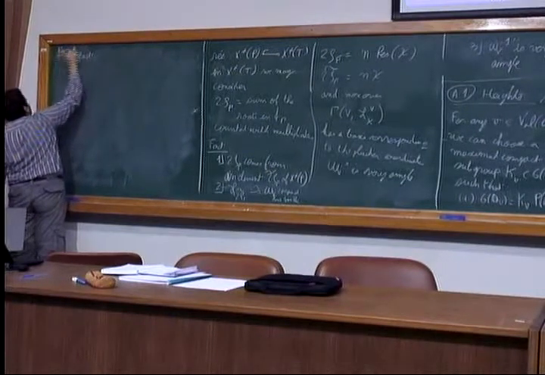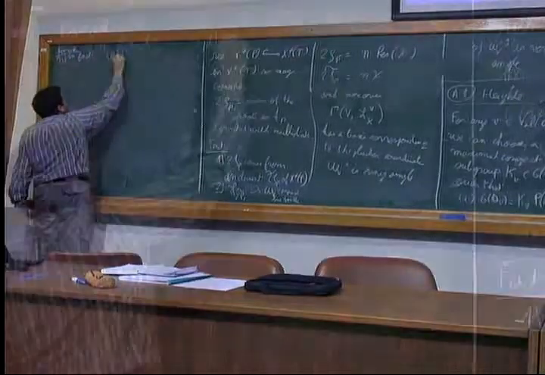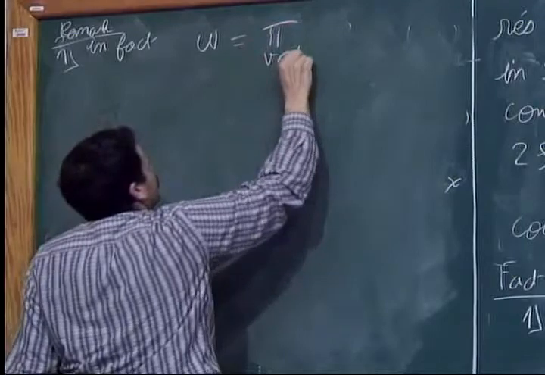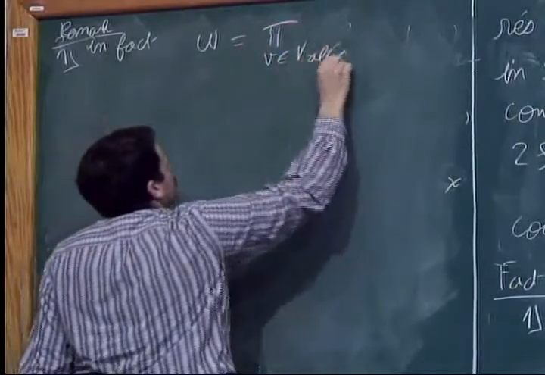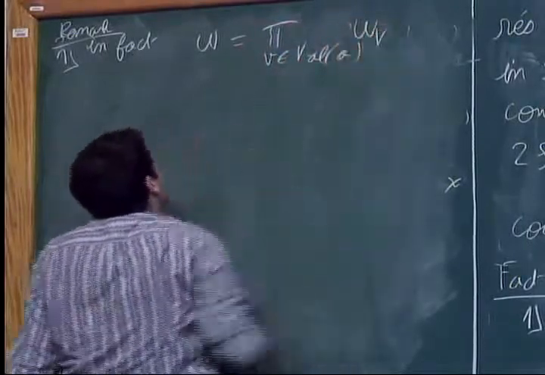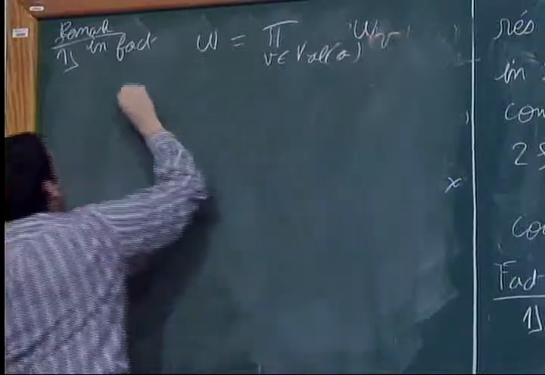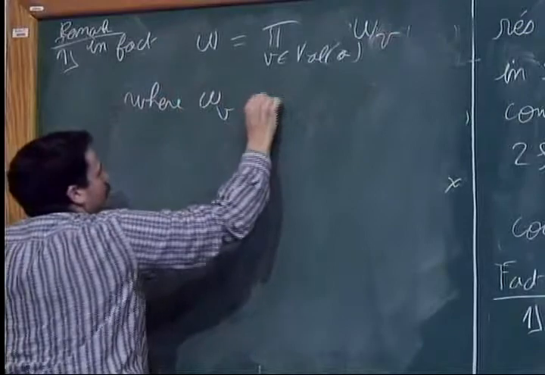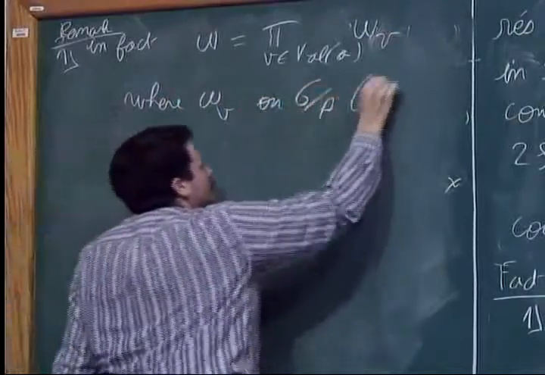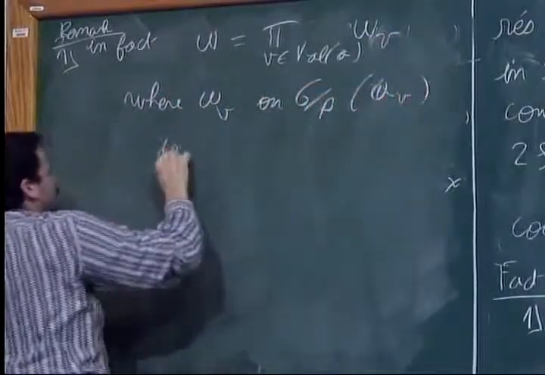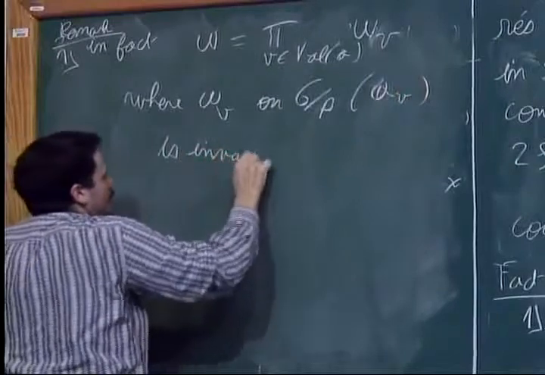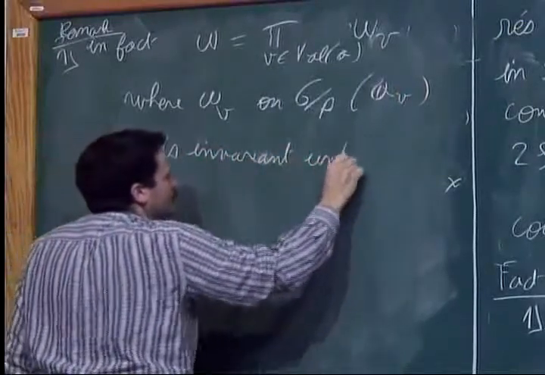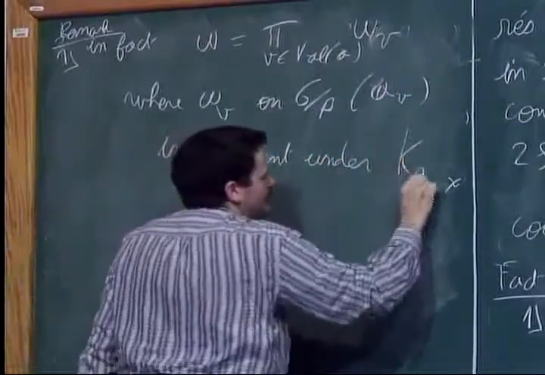So in fact, the limit measure can be written as a product over all places of omega v, where omega v on G over P of Q_v is invariant under the maximal compact subgroup we have used, K_v.